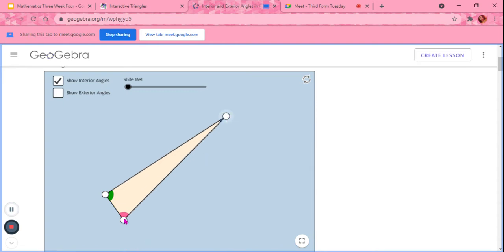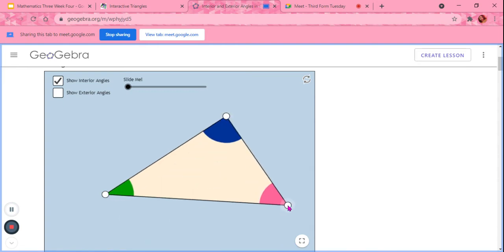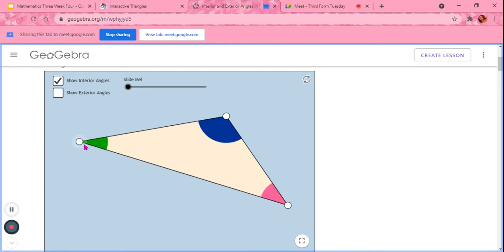Moving on to the second theorem. Let's say that I have this triangle. What this theorem number 2 is saying is that if I have a really small angle, let's say that this is the smallest angle, then the side that is opposite to it is going to be the shortest side. If I have a really big angle, then the side opposite to it is going to be the longest side.